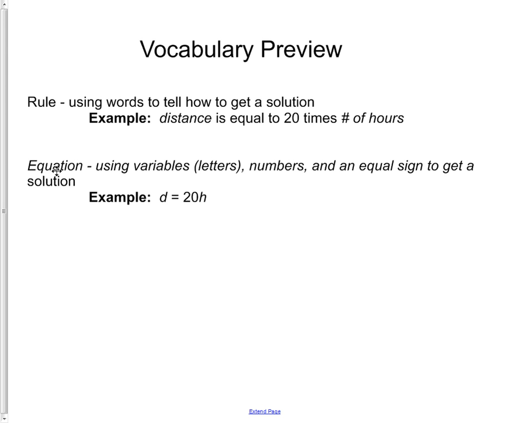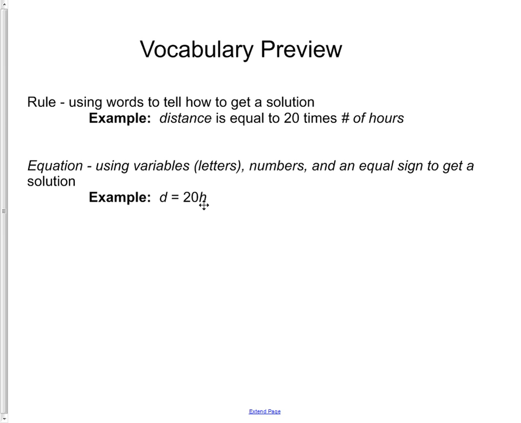Equation. An equation kind of shortens everything up. It uses variables, and that would be letters, numbers, and an equal sign to get to a solution. Our example is the same. I use distance is equal to 20 times the number of hours. So distance turns to D, is equal to turns to an equal sign, 20 times the number of hours.